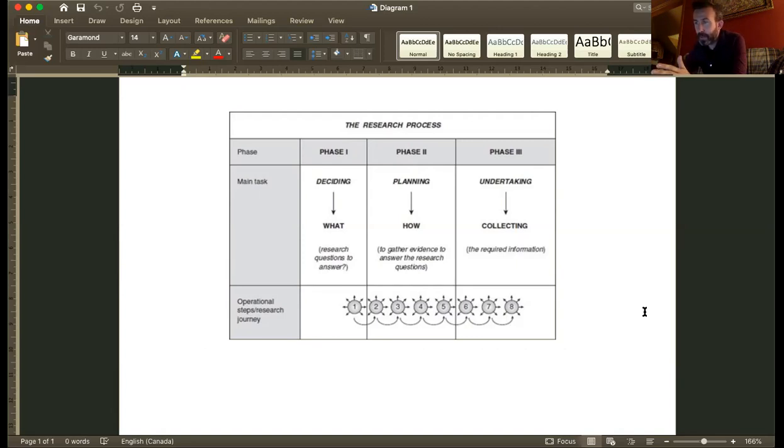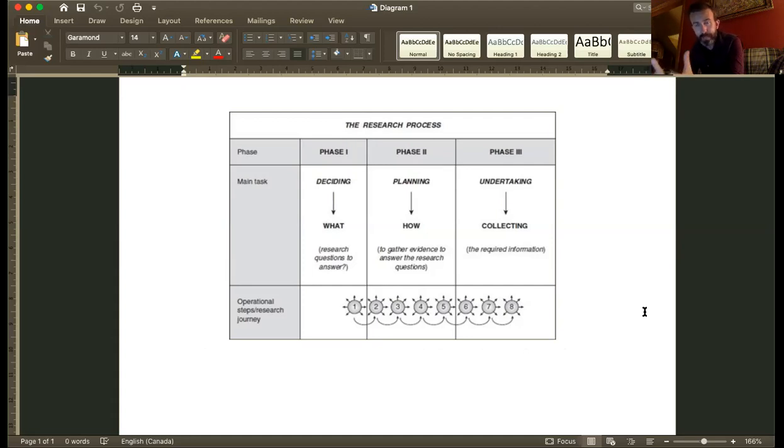The important part from step 1, phase 1, is that we finally get some sense about whether this will be a qualitative or a quantitative or a mixed methods approach, right? This could change, but we really hope in some sense that it doesn't change. By the end of this week, I really hope that you have a fairly firm sense as to what the scope of your research is.